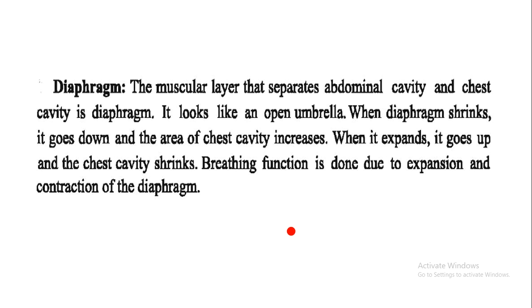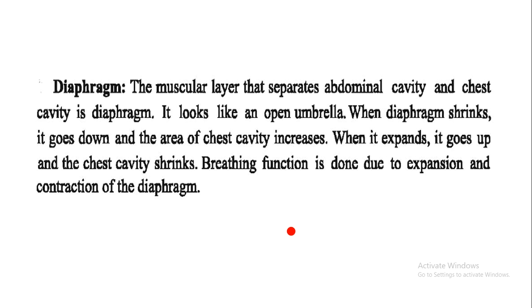When the diaphragm shrinks, it goes down and the area of the chest cavity increases. When it is expanded, it goes up and the chest cavity shrinks. Breathing is done due to the expansion and contraction of the diaphragm.